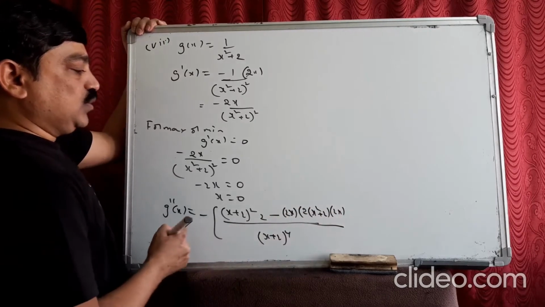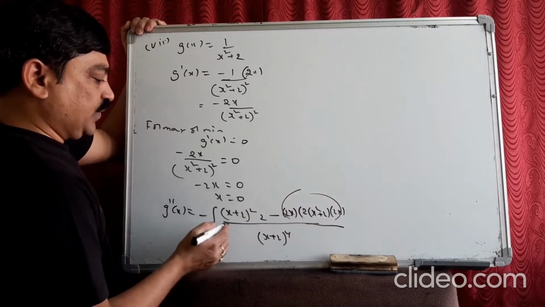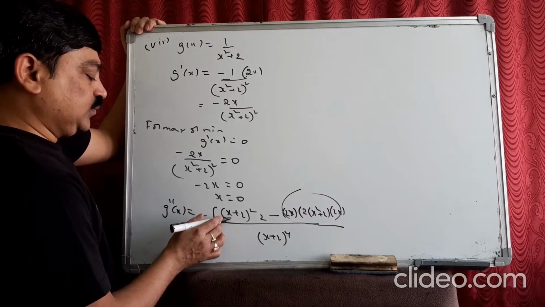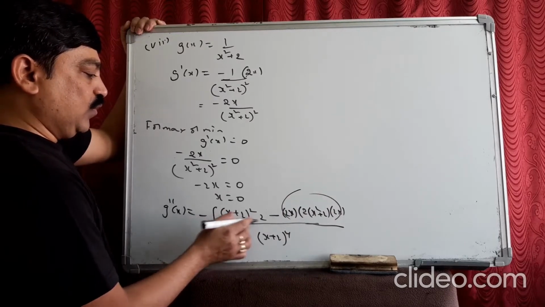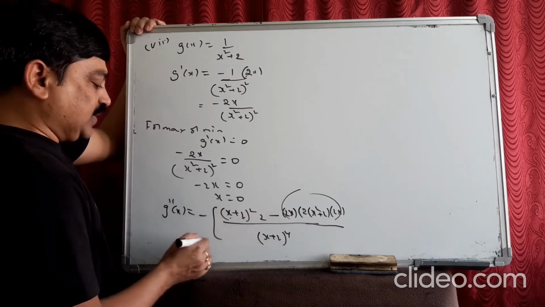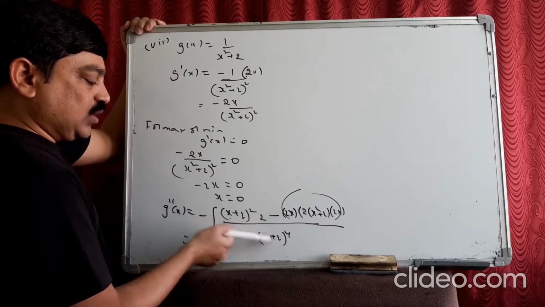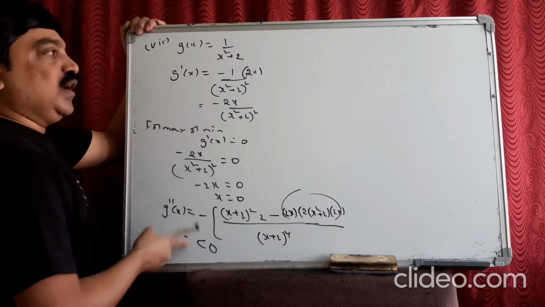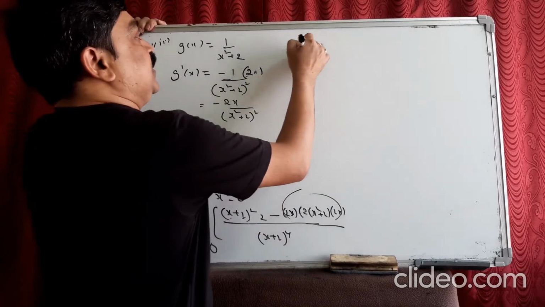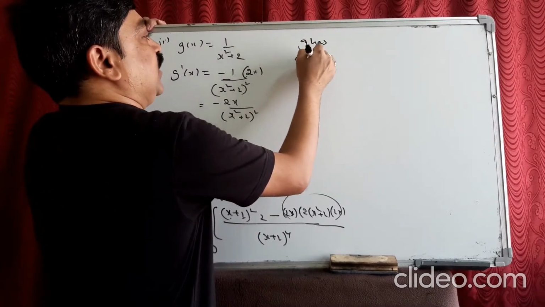So when I substitute 0, it becomes 0 minus 2 whole square 4. So the whole thing becomes negative because it is 0 and it is a positive value. When the whole thing is negative, g has a maximum value.